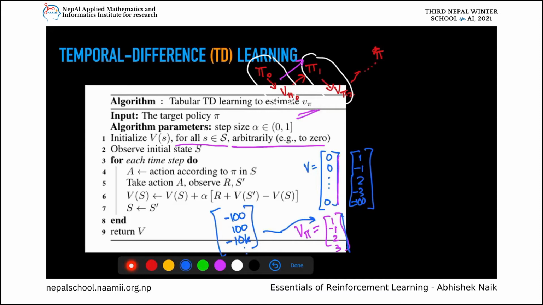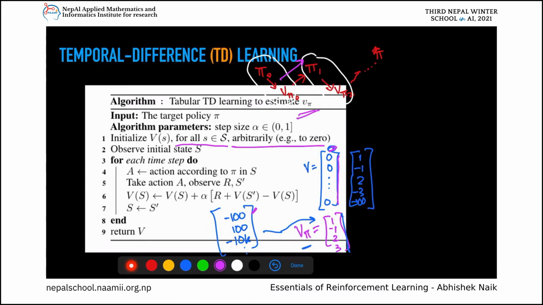And so the initialization would affect how quickly we learn the true value function, but we would still learn it eventually in the limit of infinite data, right? Some initializations might be better than others, but that's about it. We can get into the subtleties of this in some of the later lectures.